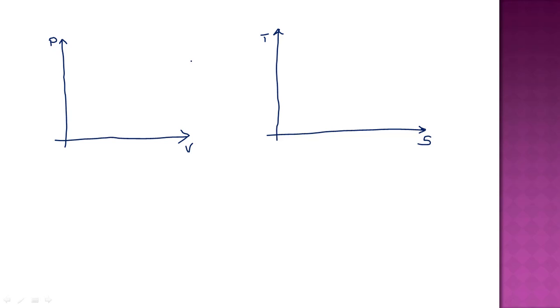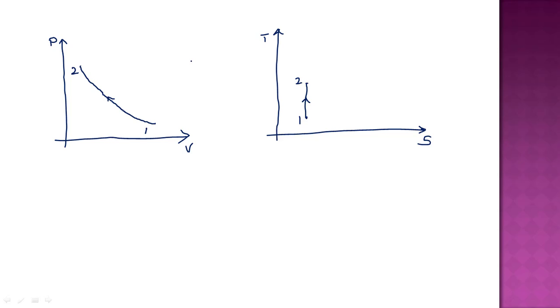So in the TS diagram, we will get a vertical line pointing upwards. Whereas in the PV diagram, isentropic compression is represented by a curve like this. So here, as we are considering compression, the pressure increases and volume decreases. And as the pressure is increasing, temperature rises.